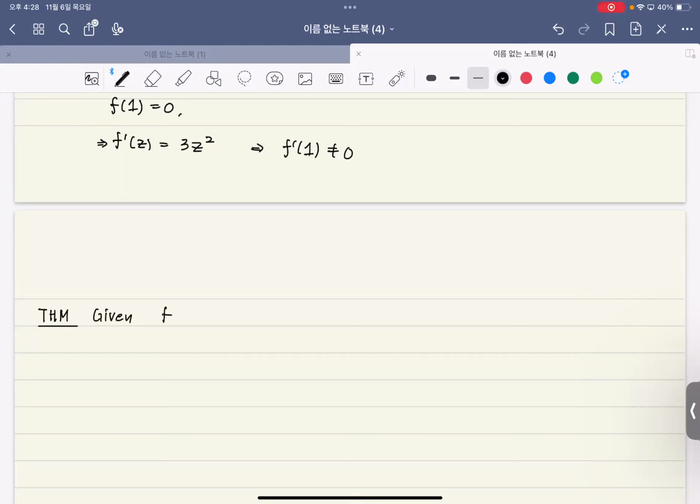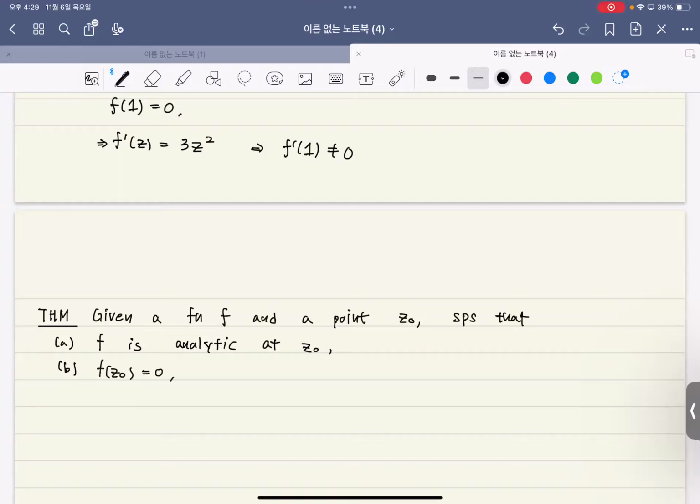Given a function f and a point z0, let us suppose that f is analytic at z0, and f of z0 equals 0, but f of z is not identically 0 in any neighborhood of z0.